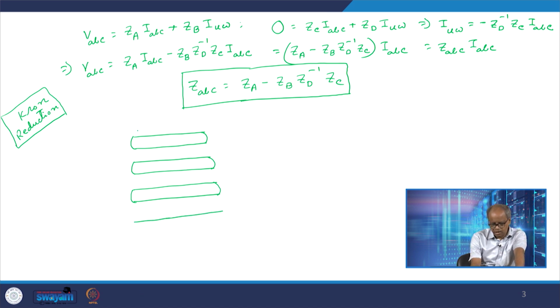So it is A dash, and say this is R dash, this is B dash, this is S dash, this is C dash, T dash, say W dash. Suppose this is the case.